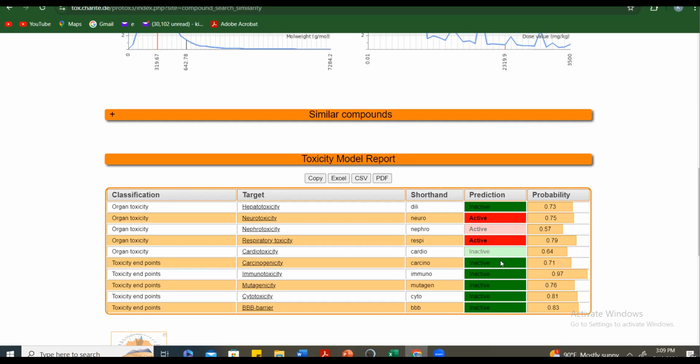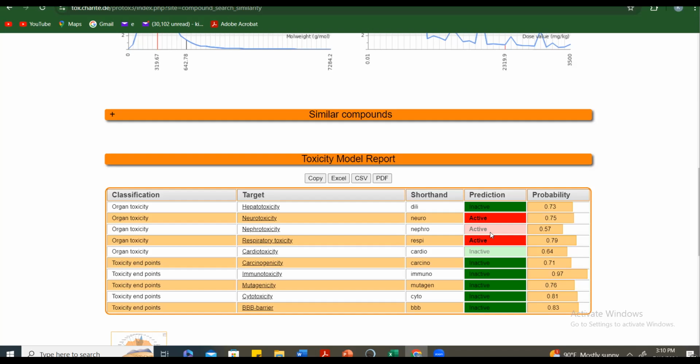But based on this toxicity prediction information that we just got, do you think it would be nice to administer this drug to people? The prediction says it's likely to be toxic to the neurons, the kidney, and the lungs. So should we proceed to administer this, even though that drug could stop replication of SARS-CoV-2?